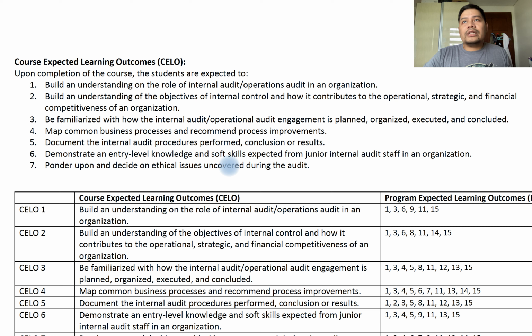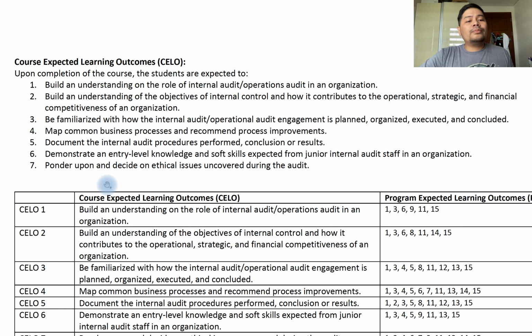Of course, soft skills are not really hard skills. Soft skills are more about communication skills, how you present your findings to your stakeholders, and what the principles or values expected from an auditor should be. And we have the code of ethics.